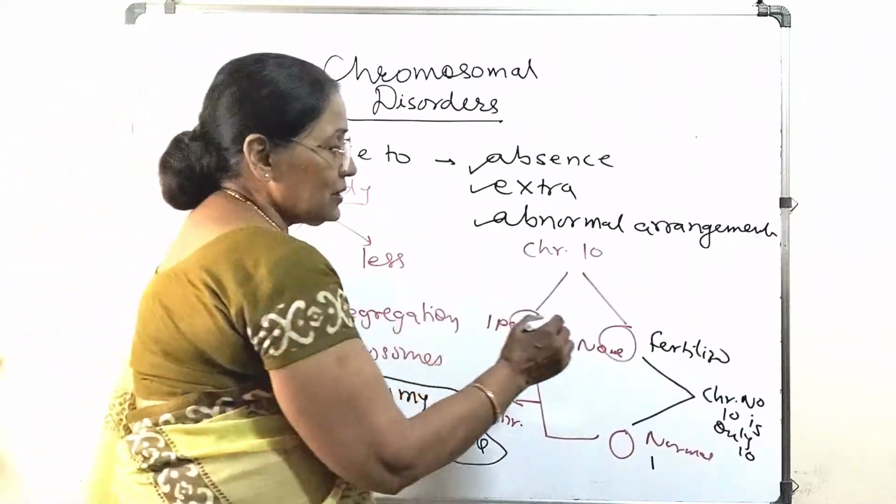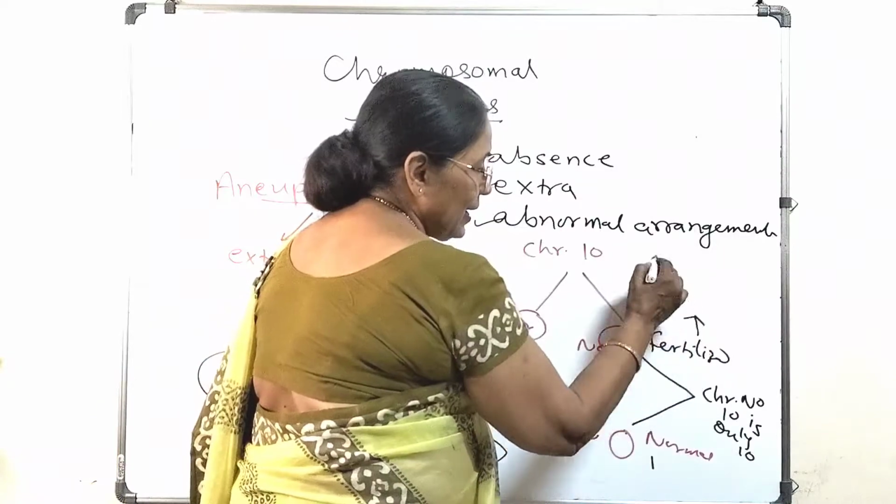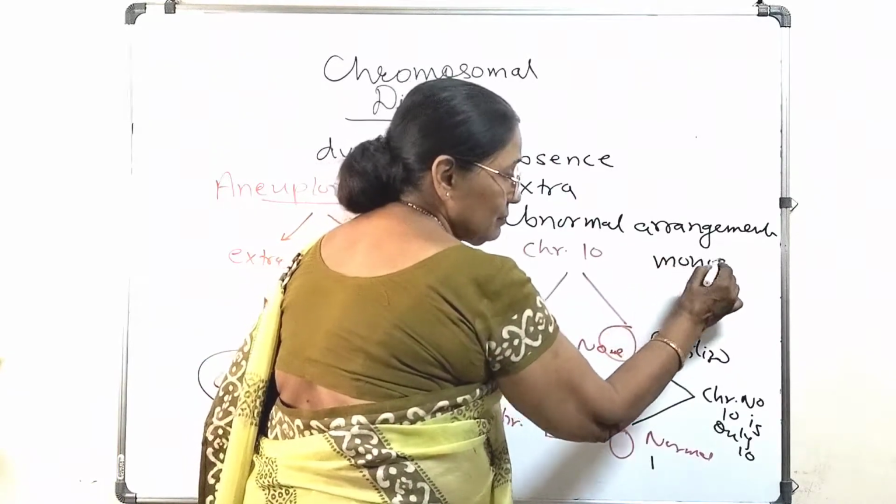So this is called monosomy, where only one chromosome remains.